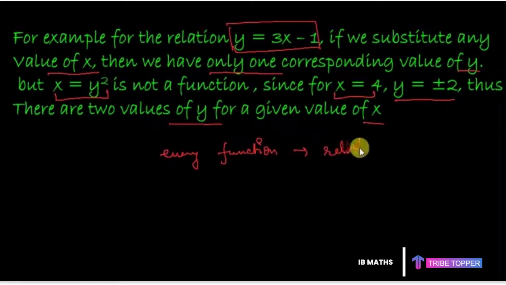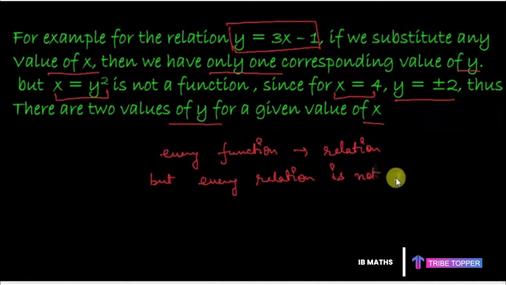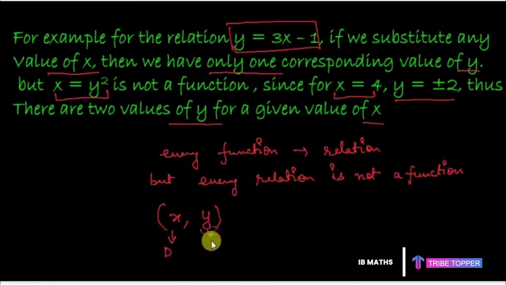So every function is a relation, but every relation is not a function, right? A relation will be a function only if for every one input value of x, you have only one value of y, and the domain and range for functions will also be the same as for relations: x is going to be the domain and y is going to be the range.